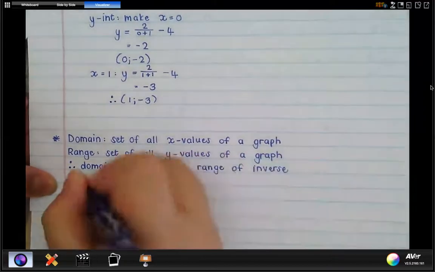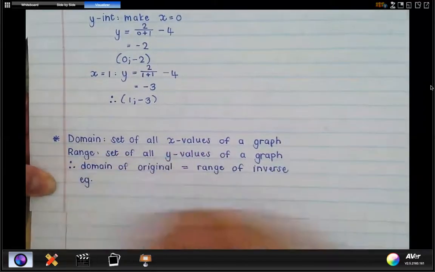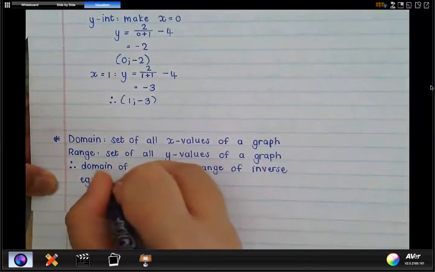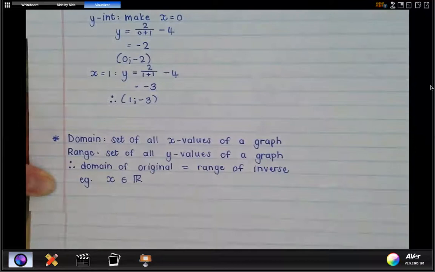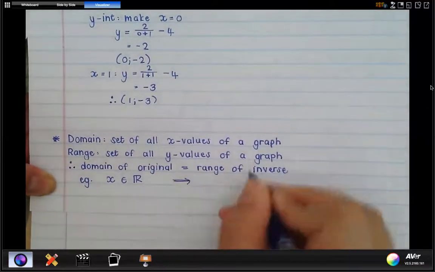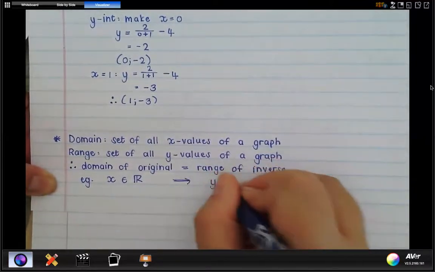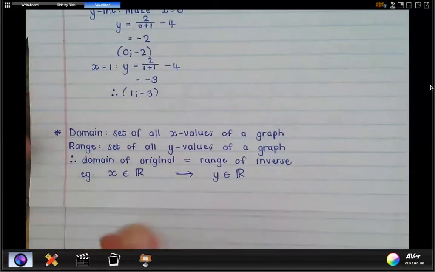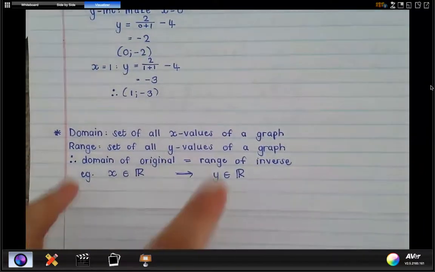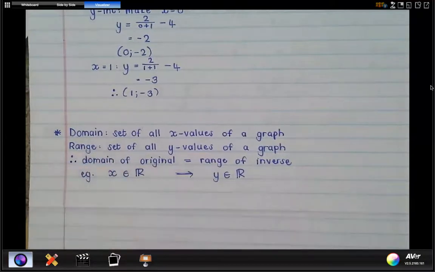So if you are saying, for example, the domain of the original is x an element of real numbers, then the range of the inverse is going to be y an element of real numbers. The same thing happens when we are going from range to domain, so the range of the original will also be the domain of the inverse.